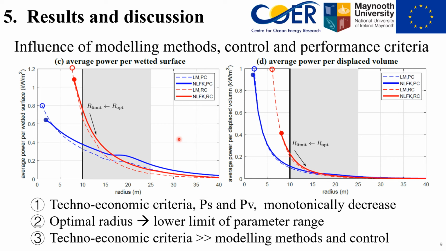So there's no need for us to conduct optimization for these two criteria because the lower bound of the parameter is always the optimum value. Thus, we can see that these techno-economic criteria outweigh the other factors, such as the modeling methods and the control.